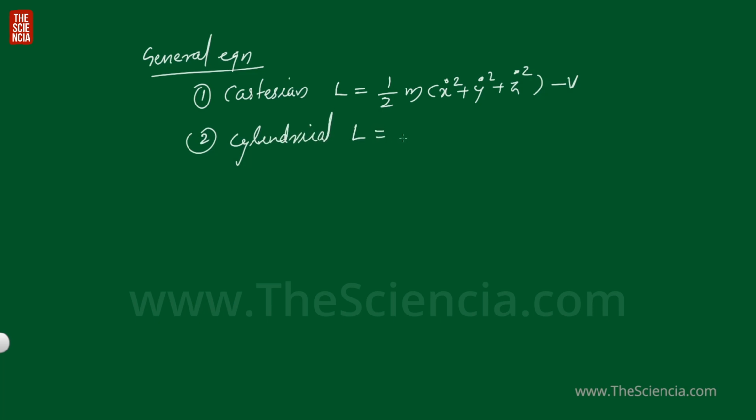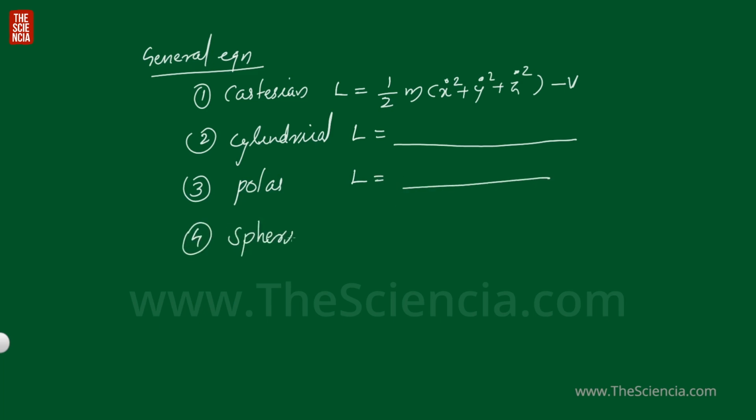L equal to, write it here. I know you know this equation. And another one, what will be the general equation for the Lagrangian in the polar coordinate system? And what is it in the spherical polar coordinate system? If you forgot any of these, please refer back to the class and write it here.